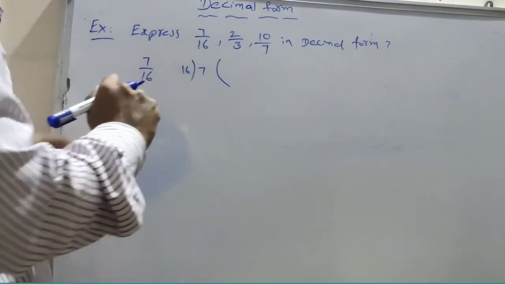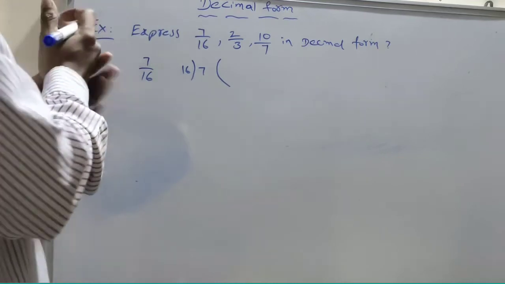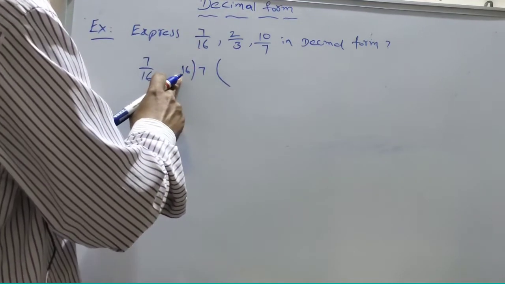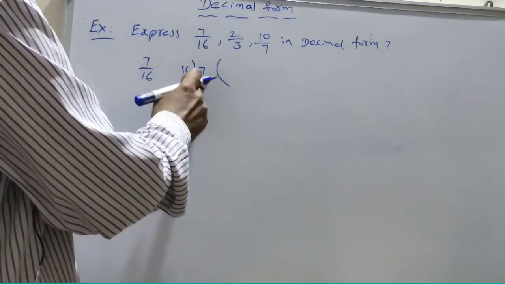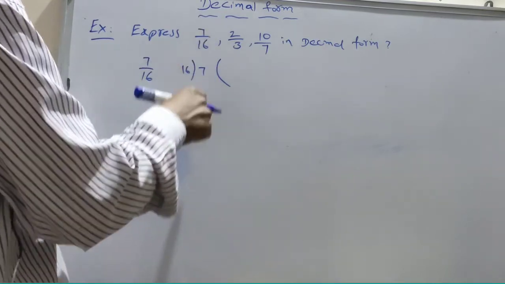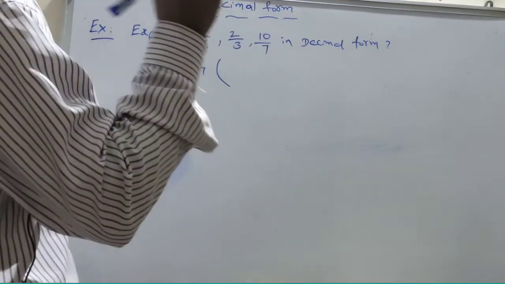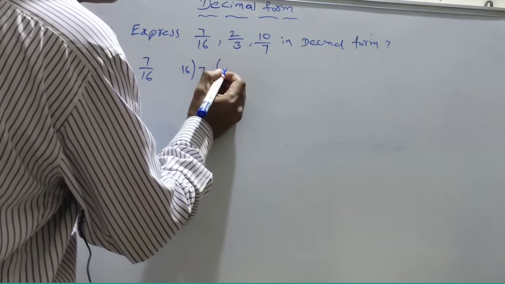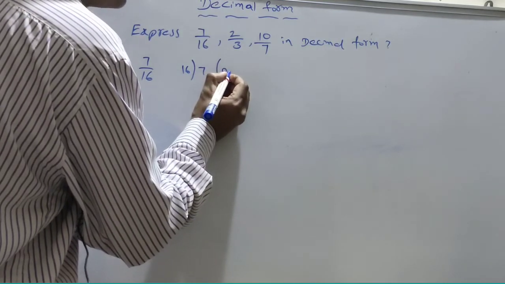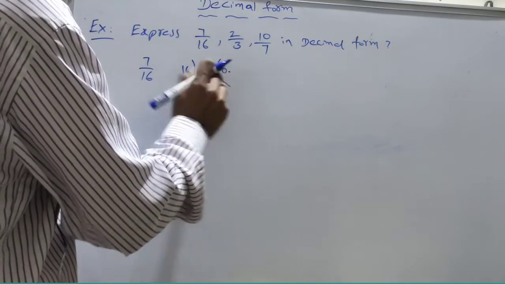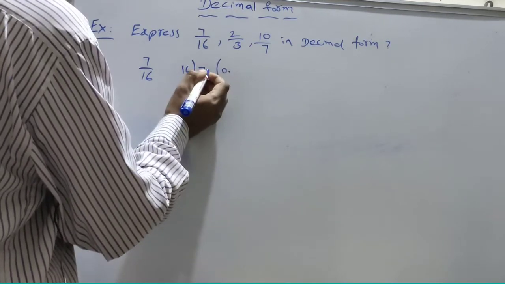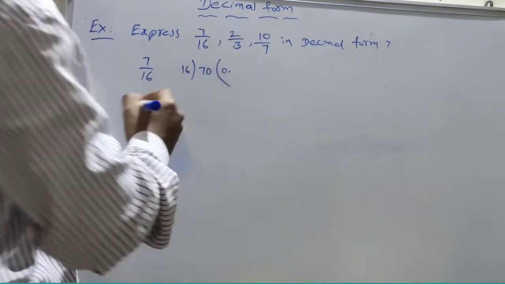7 by 16. As you all know, 16 is the bigger one, 7 is the smaller one. So to divide this we have to keep the decimal. That means here we have to write 0 point. After writing 0 point, keep 0 beside the 7.